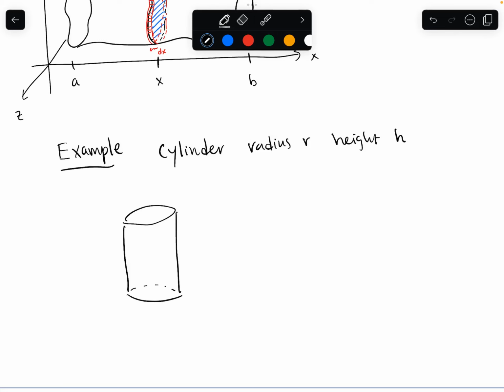You can put coordinates wherever you want. Say I put my coordinate system here so that this is my y-axis, that's my x-axis, and then here's my z-axis. And so the bottom of the cylinder is at 0, and the top of the cylinder is at height h. And then the radius of this thing is r.